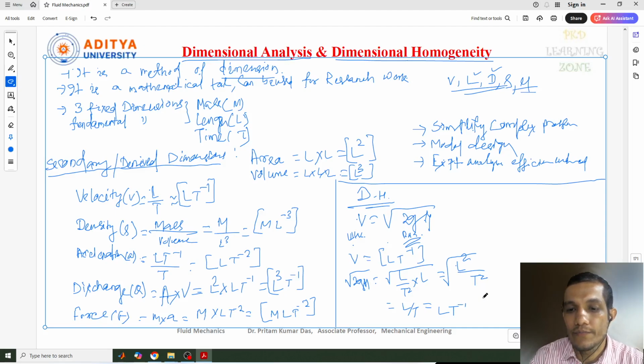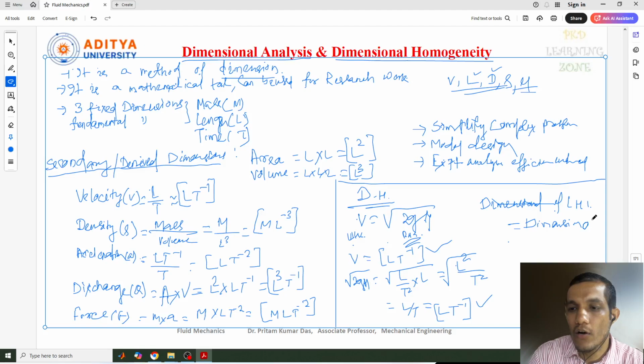Now if you see this equation and this equation, this is the left side and this is the right side. Now we can say the dimension of the left hand side equals the dimension of the right hand side.